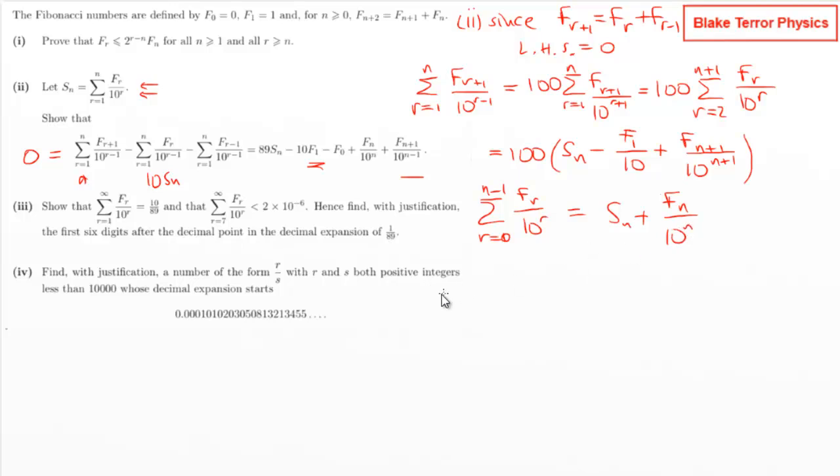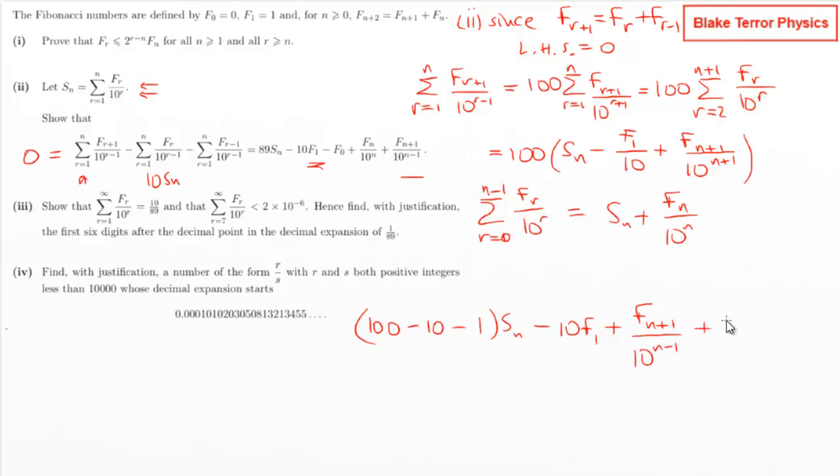So all in all then, what have I got? I've got 100 Sn minus 10 Sn. So I've got 100 minus 10 minus 1, lots of Sn. I've got a minus 10 F1. I've got a plus Fn plus 1 over 10 to the n minus 1, because I'm multiplying by 100.